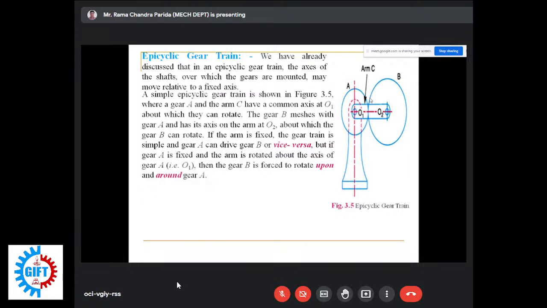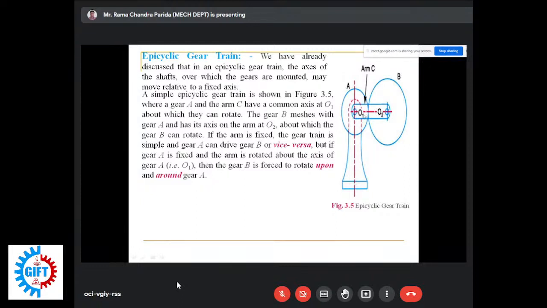If the axis of at least one gear in a gear train moves relative to the fixed axis or frame, such a type of gear train is known as an epicyclic gear train. Here you can see the axis of the shaft over which gears are mounted may move relative to a fixed axis.